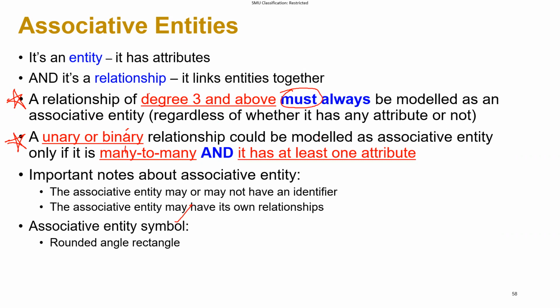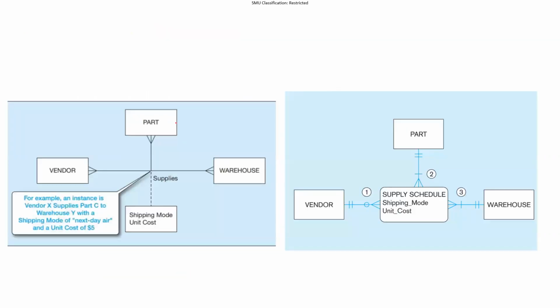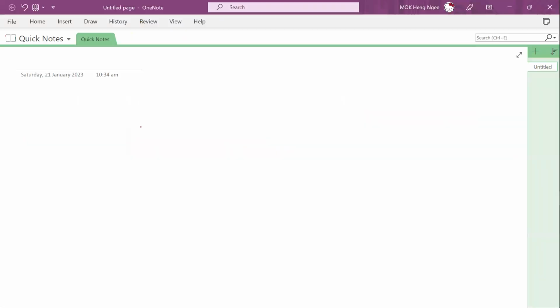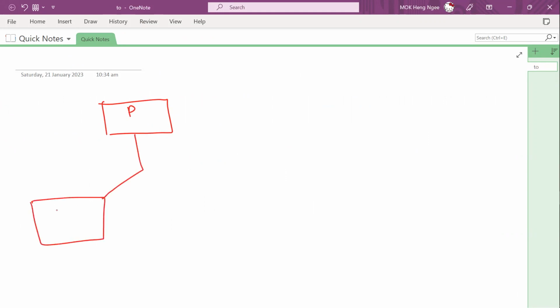All right, let me use this as an example. So we have part, vendor, and warehouse, P, V, and W. Part, vendor, and warehouse. So this is a ternary relationship.